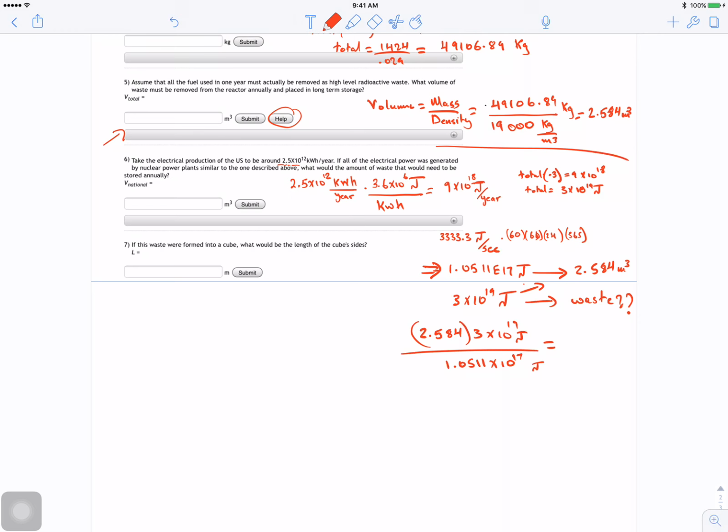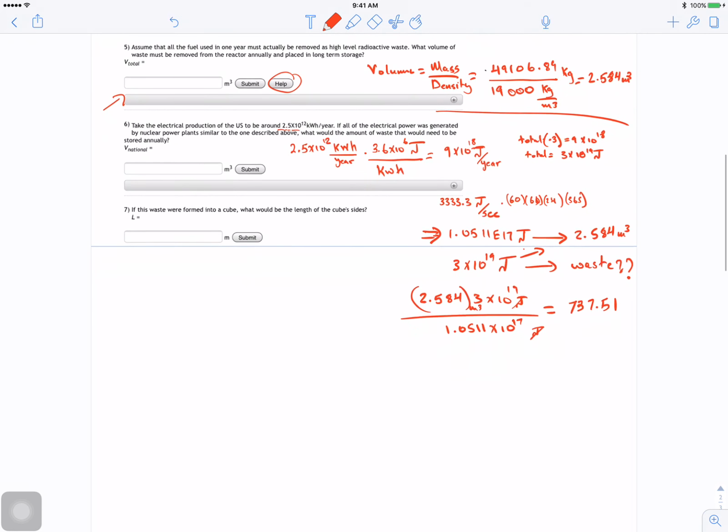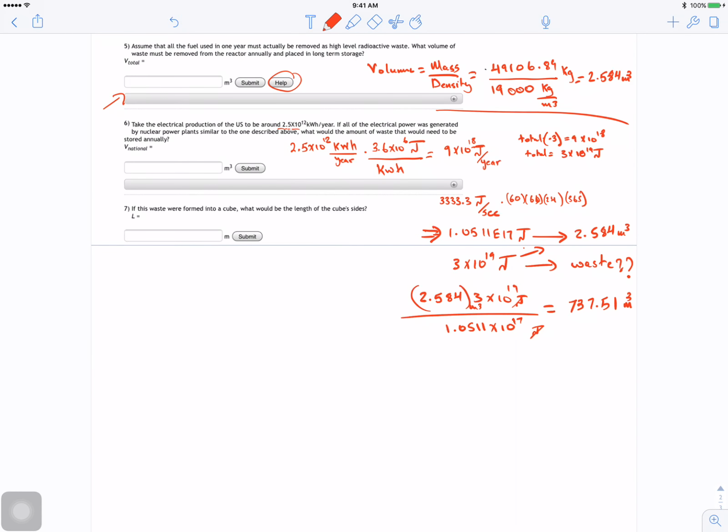It's joules, so we cancel these, leaving meter cubed. And for this one I got 737.51. Cool. That's meter cubed.